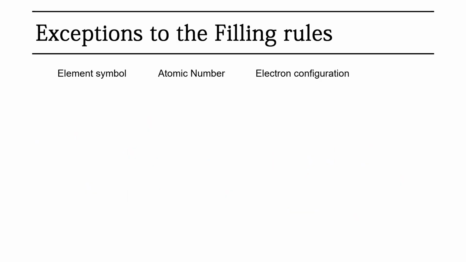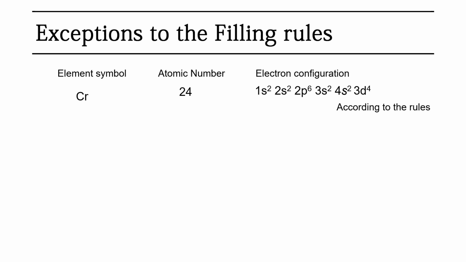Although these filling rules exist, there are some exceptional cases that do not obey the filling rule. There are a small number of such elements. For example, chromium, whose atomic number is 24.